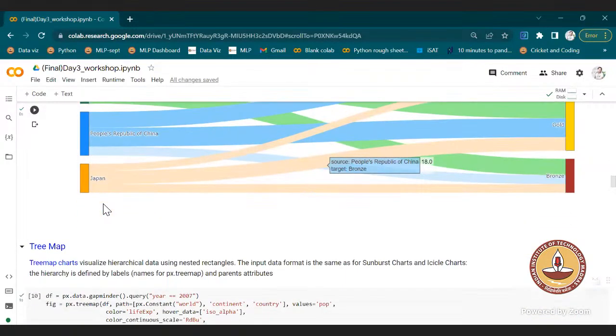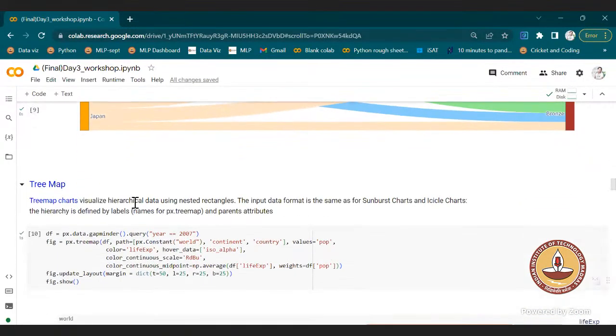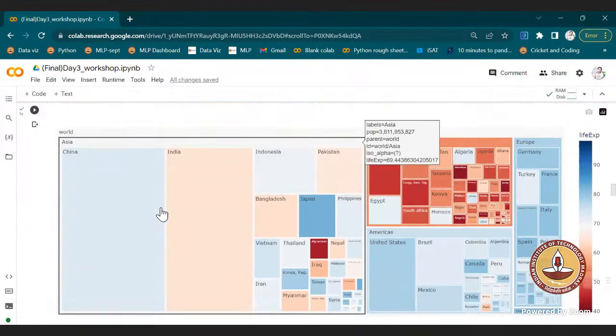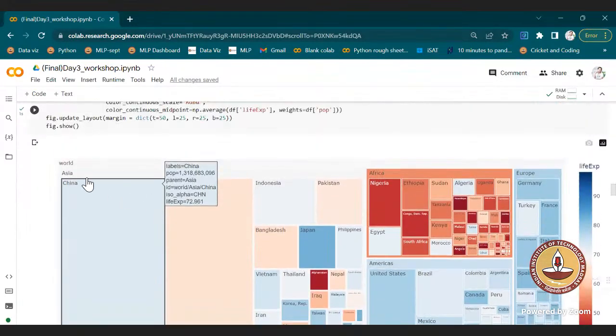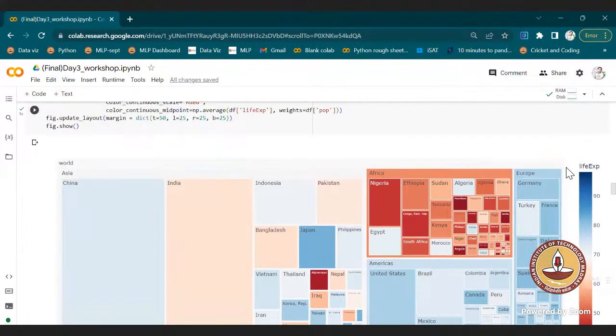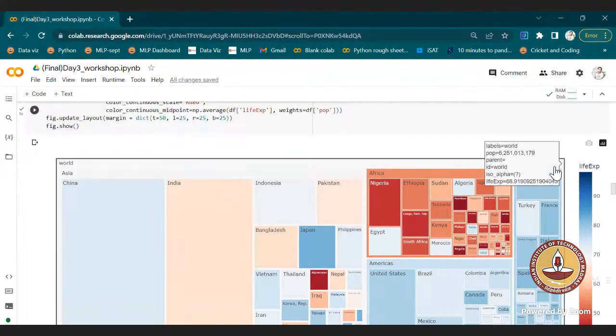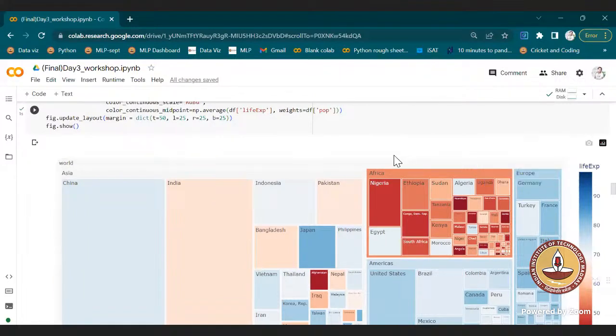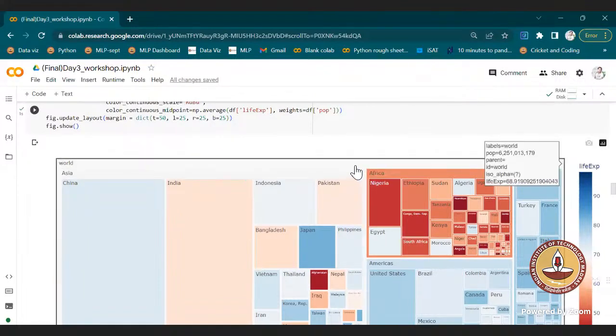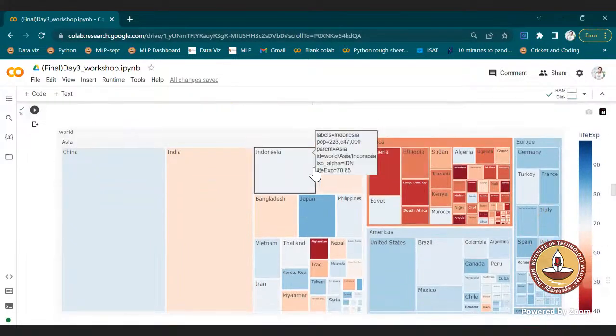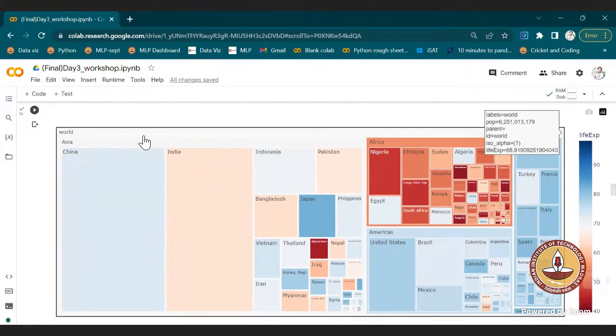Treemaps are also a hierarchical type of graph. What we have done here is create a bigger square shape. In Sunburst we have the circle shape; here we have a rectangular shape.